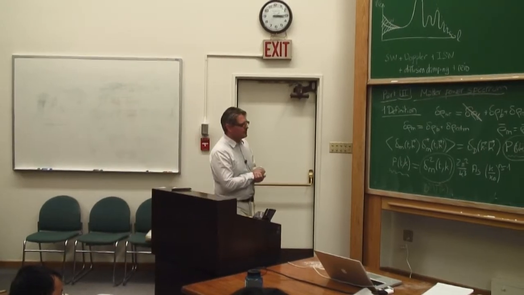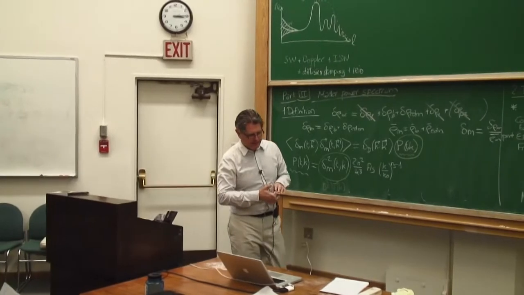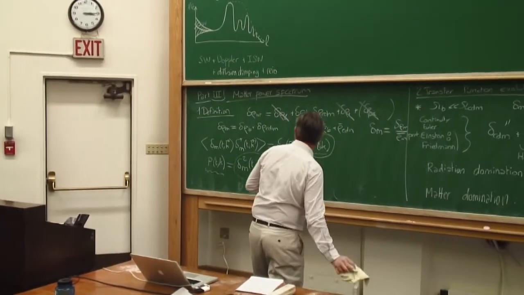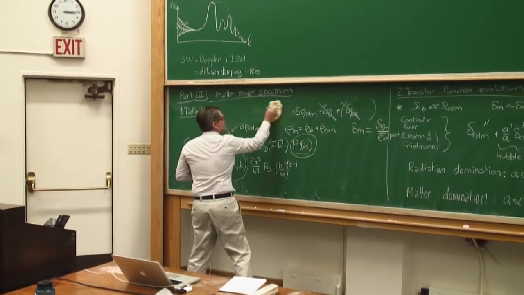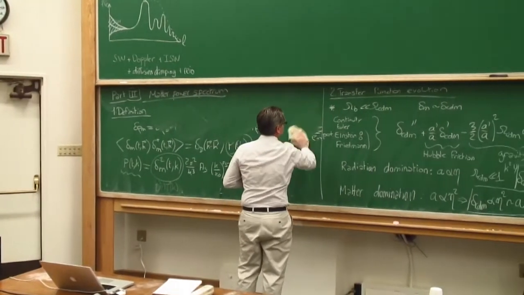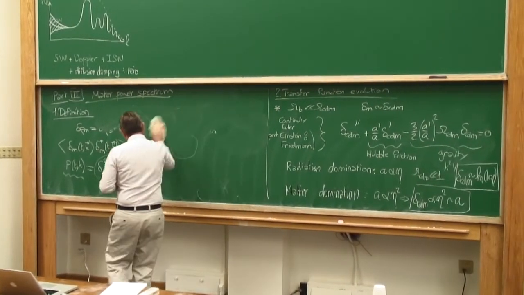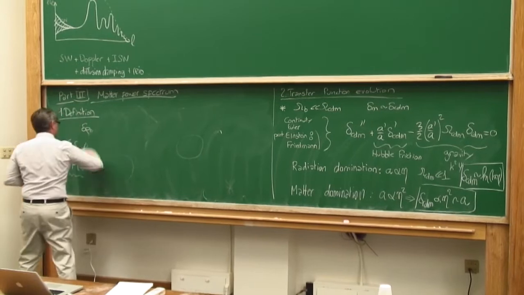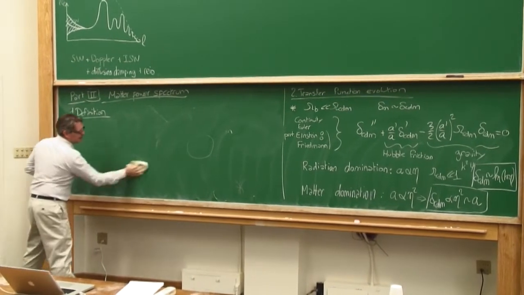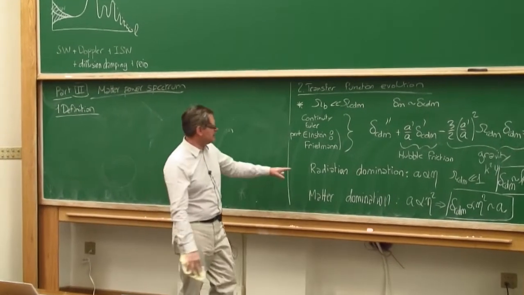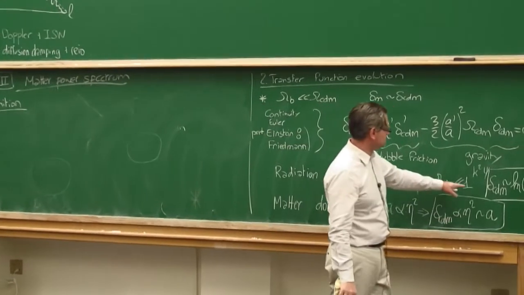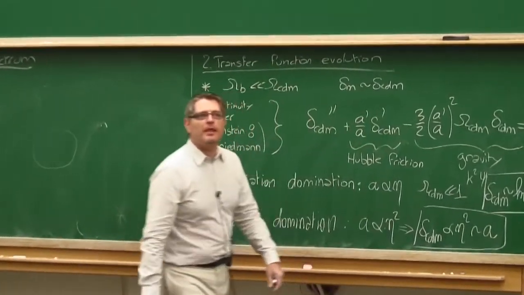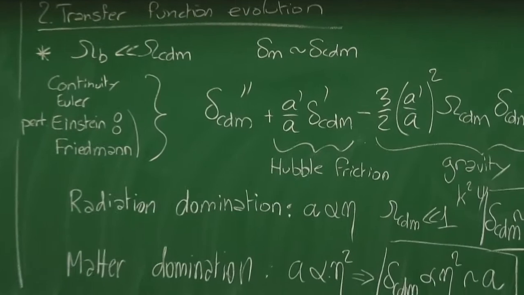Before I stop, I will make 2 remarks, and then we will go on tomorrow. The first remark is a very subtle point. You might say that I made a mistake in this step. Why?